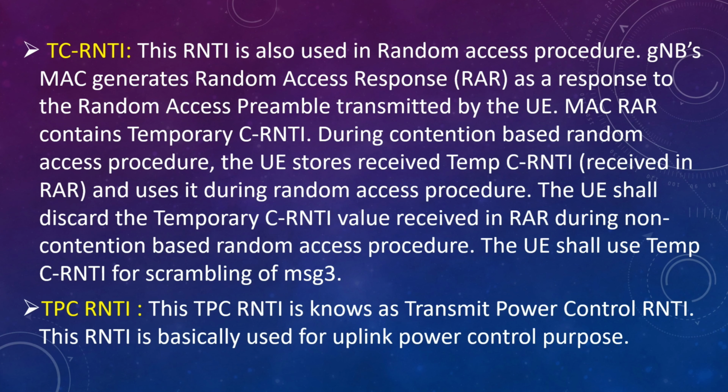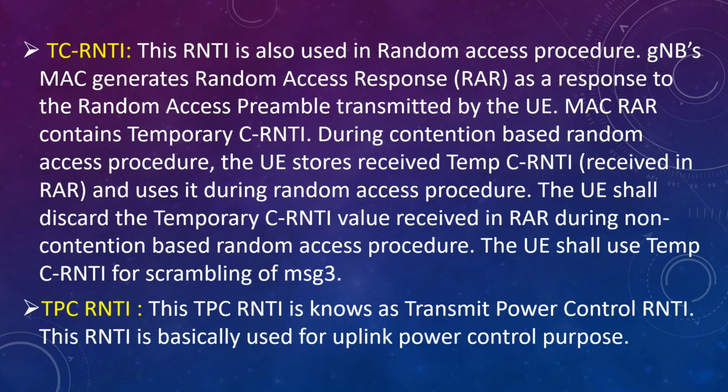The same thing, the gNodeB MAC generates the random access response, that is RAR, which is transmitted to a UE. The MAC RAR contains the temporary C-RNTI, and we have the random access procedures, contention-based and non-contention-based. During the contention-based random access procedure, the UE stores the received temporary C-RNTI that was received in the RAR and uses it during the random access procedure.